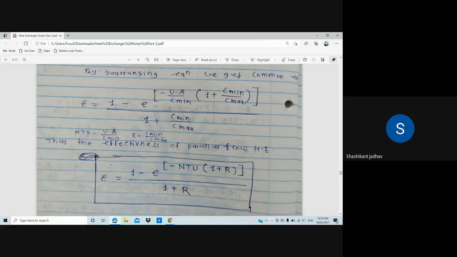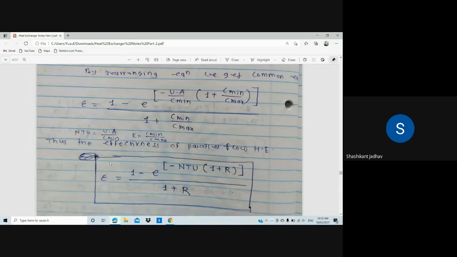Okay, so instead of that we have to put this value NTU and R and then write down the equation. Therefore, the effectiveness of parallel flow heat exchanger, in the form of NTU and R, we have to write down the equation.